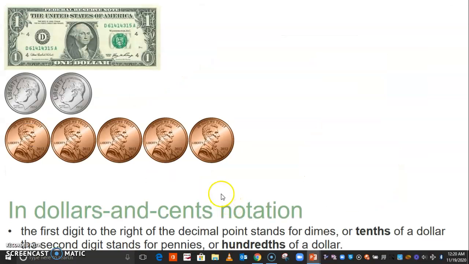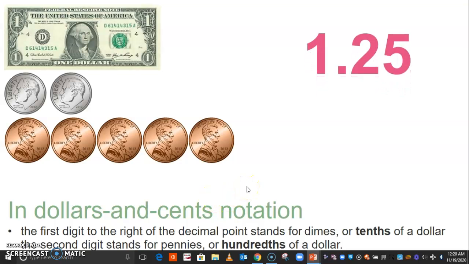Okay, so let's look at this. In dollars and cents notation, guys, the first digit to the right of the decimal point will always stand for dimes, okay? Or the tenths of a dollar, always. Always be your dimes. The second digit will always be your pennies, okay? Or your hundredths of a dollar.